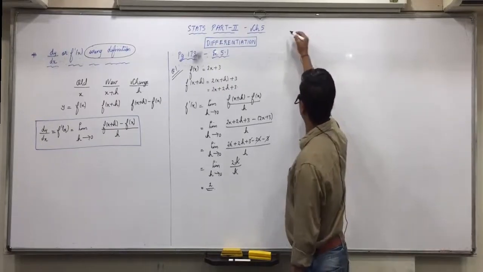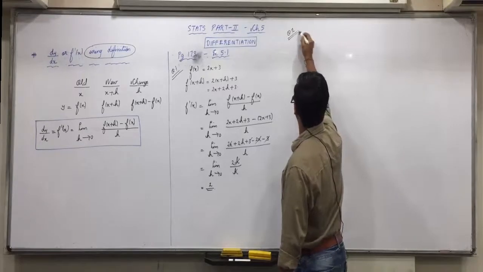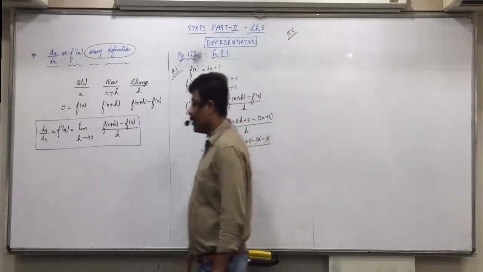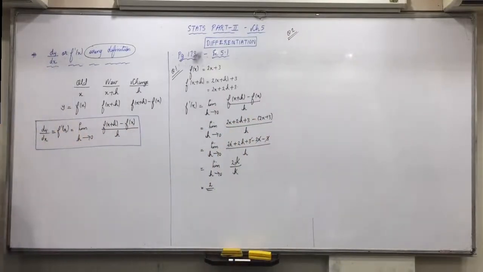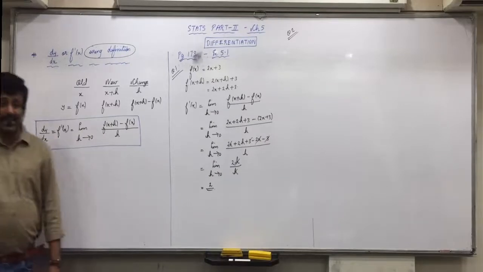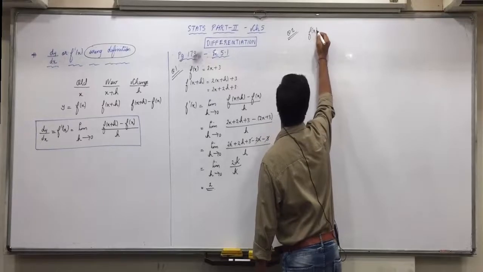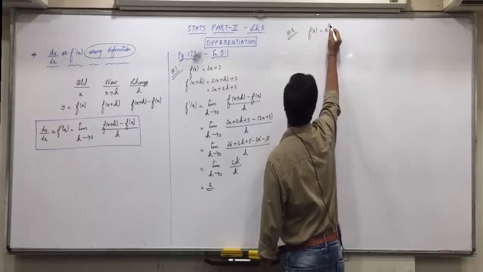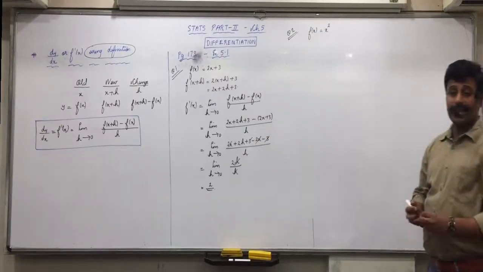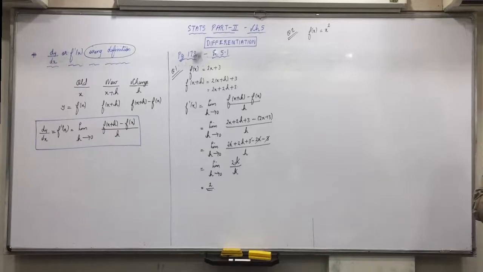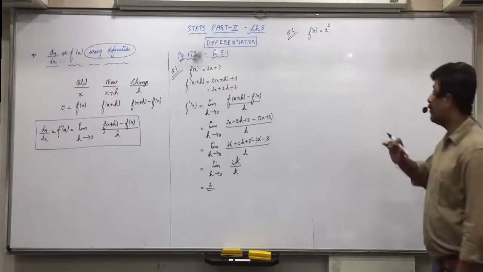Look at question 2. f(x) equals x square. Now can we use t? So here we will use the concept of t. As I said, if the power is there, then you can use the concept of t.